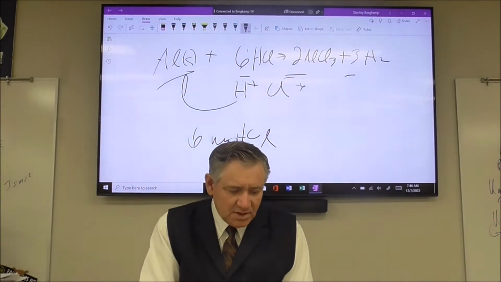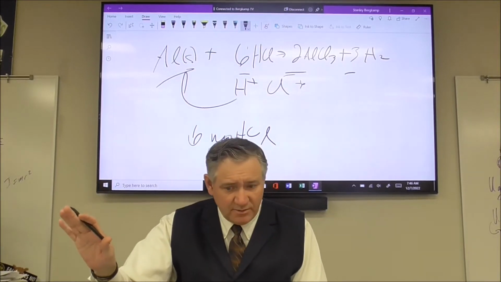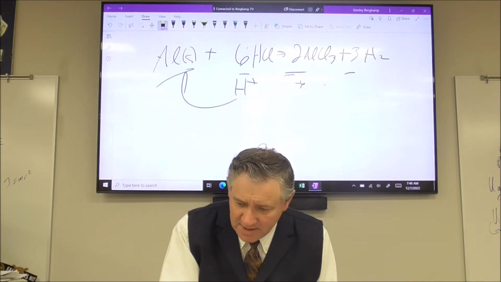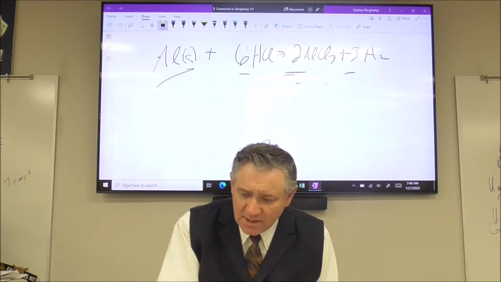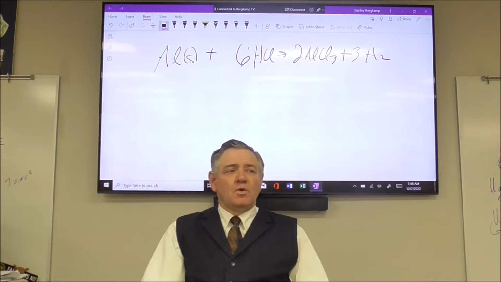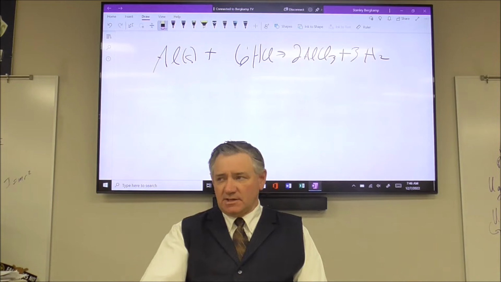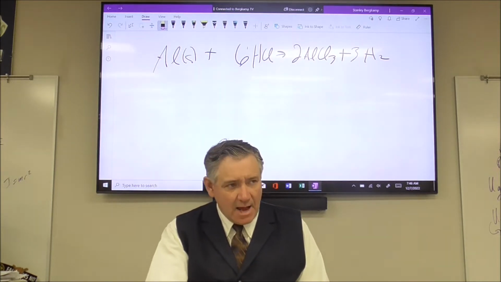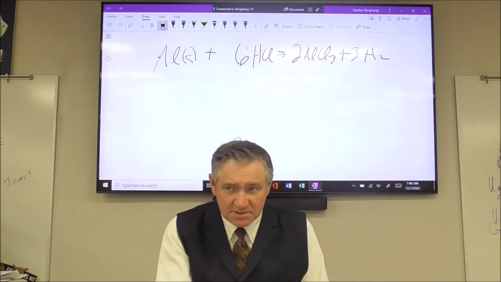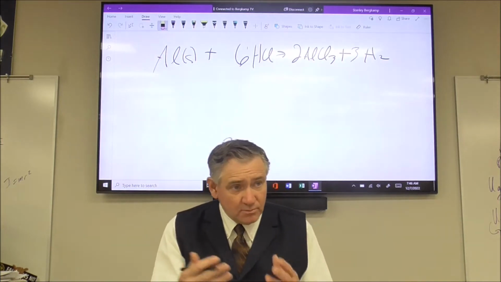So if you look on number 14, I want to make sure everybody's cool with how I want 14 done. And I cannot stress this enough: stoichiometry, if you follow the rules, is not that difficult. Where you run into trouble is that you try to get cute and take shortcuts, okay? That is the absolute death knell. The more you write down, not only grams, but also whether it is aluminum, hydrochloric acid, or hydrogen, the better, because we're going to get more and more complicated.